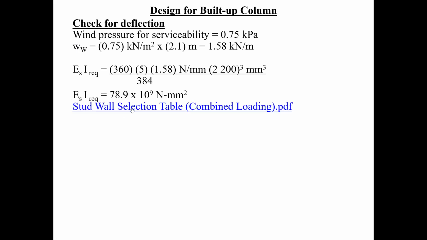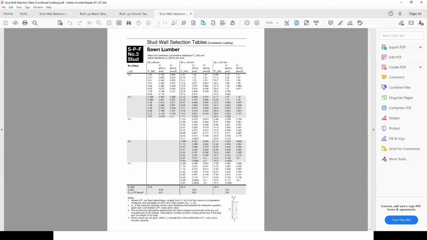Now, how do I calculate the EI provided? Well, I go back here. I mean, I could have calculated the long way, 1/12, but I go back here, I take the EI for one stud, and because the equation, so here is the value for one stud. And if you remember, this is for one stud, okay?